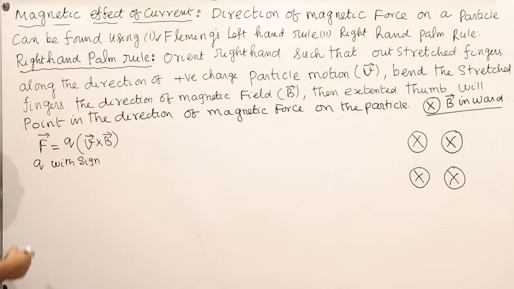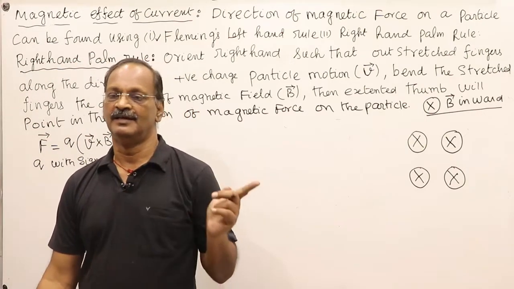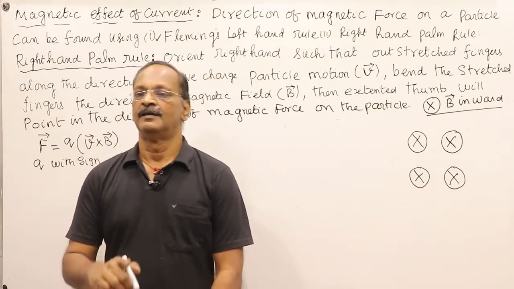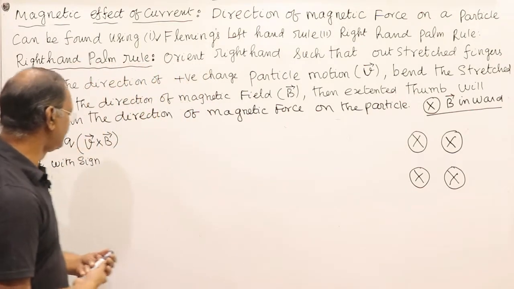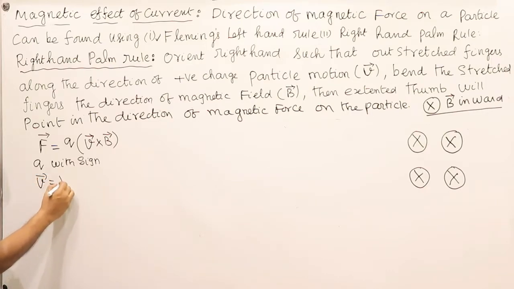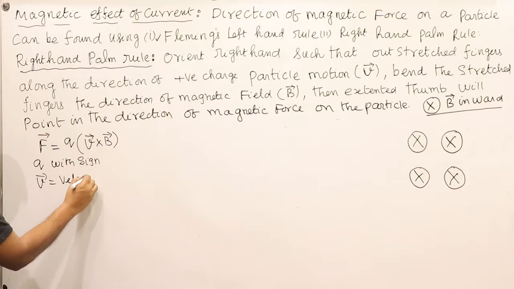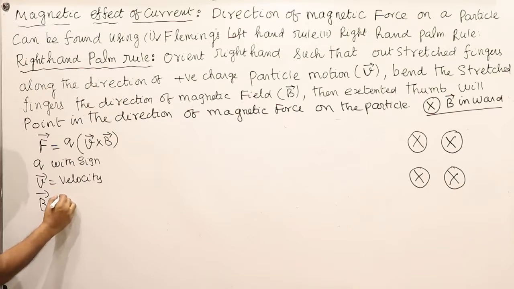It may be negative charge, it may be positive charge. For positive charge, the force will be in one direction. For negative charge, the force will be exactly in the opposite direction, where V is the instant velocity, the velocity of the particle moving in the magnetic field, and B is the magnetic field.